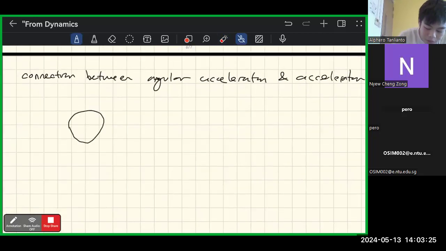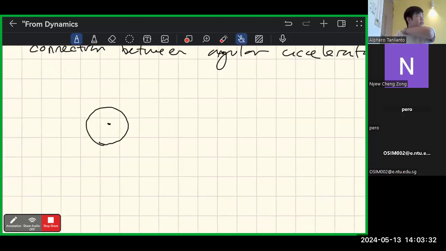So this comes from the idea that if you have a circle that is rotating by this theta to the left, and you have a thread connecting it.